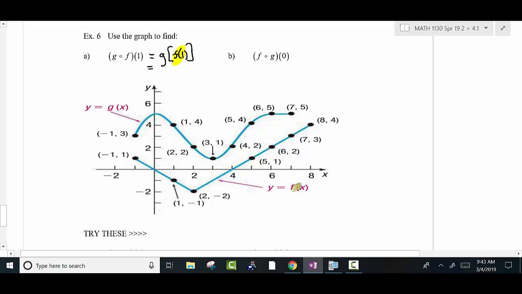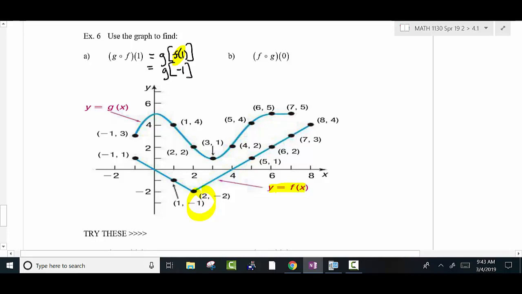The function f of x is the v-shaped one, the one that looks like an absolute value. So what is f of 1 just by looking at your graph? It's -1, right? It's that point right there. So that means your second step is you would have g of -1.